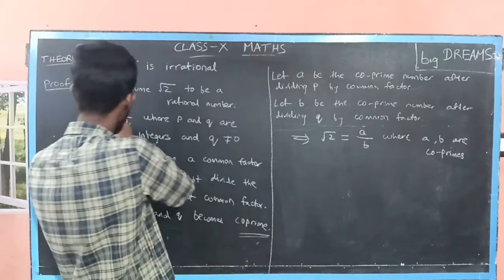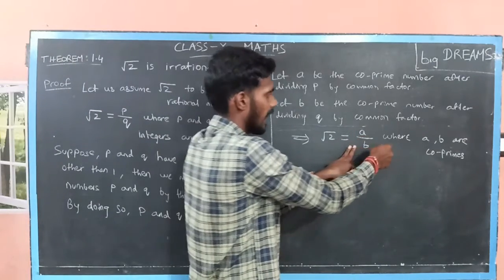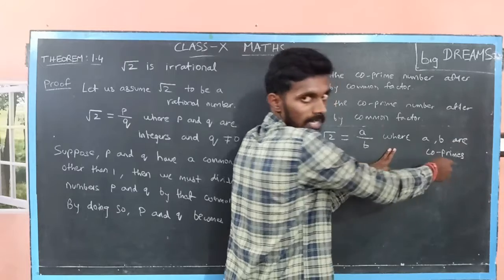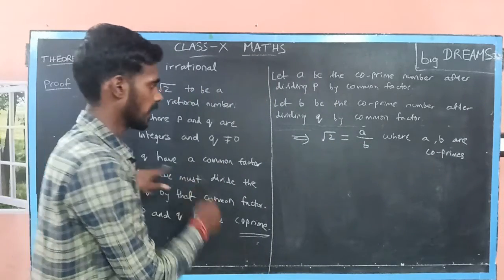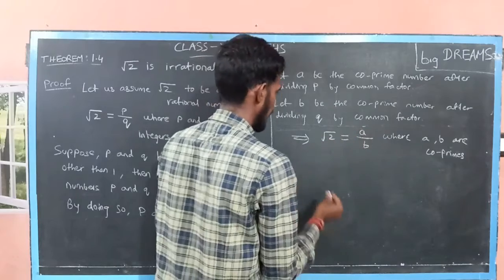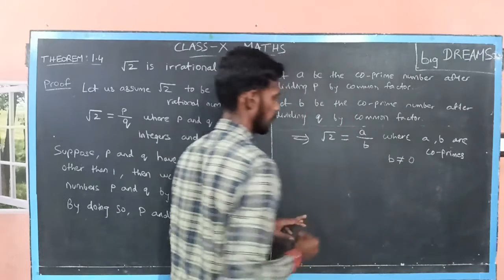Instead of representing root 2 as p by q, now I can represent it as a by b, where a and b are co-primes. So root 2 is equal to a by b, where b is not equal to 0.